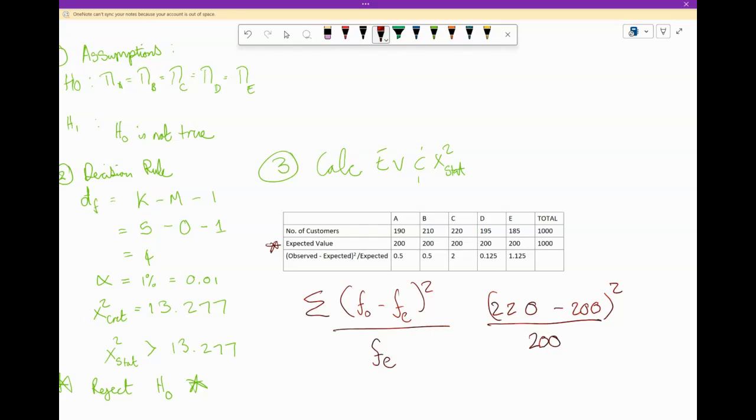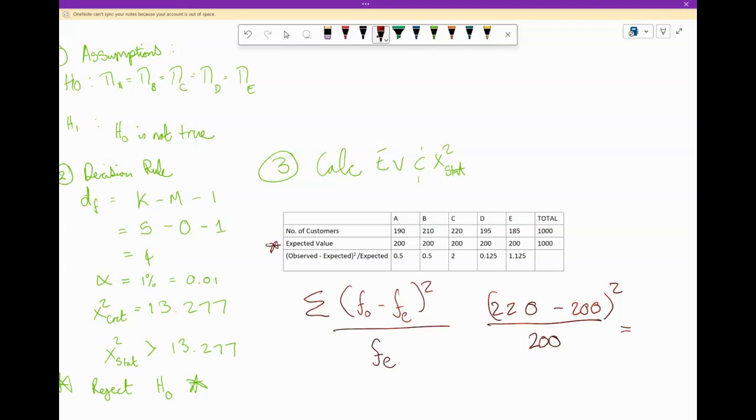Yes, we're calculating with the observed here, not calculating the expected, because for the expected we would divide by 1,000 in a different scenario. Yeah. So what do we get here? You're basically going to get 20 and then square it. 20 squared should give you 400.